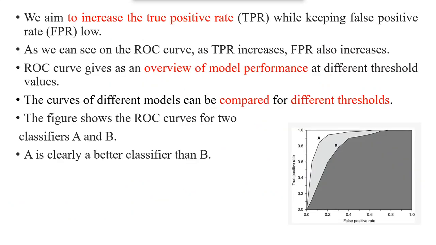Our aim is to increase the true positive rate and at the same time decrease the false positive rate. So in this graph, this is the false positive rate, which is also known as 1 minus specificity.